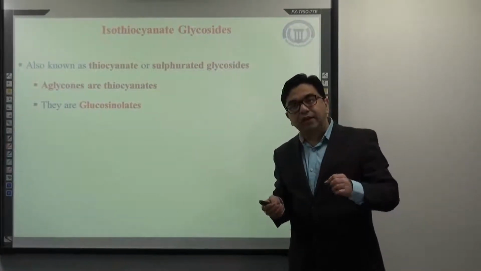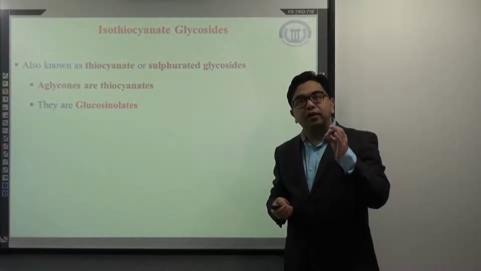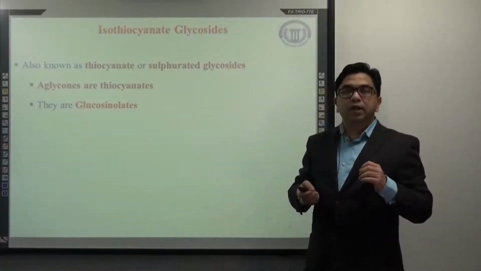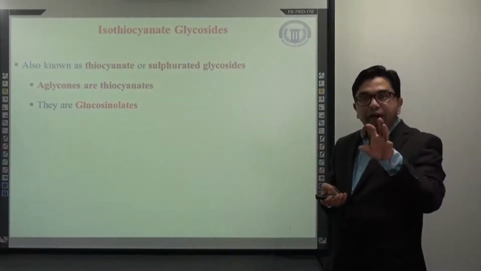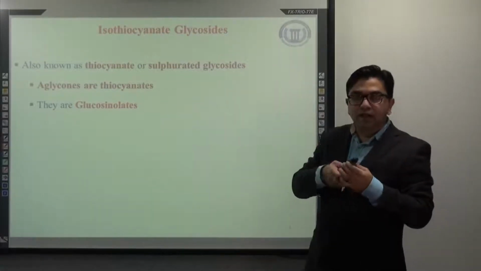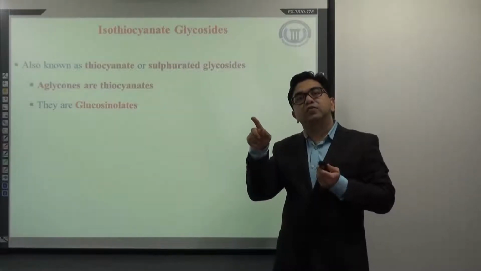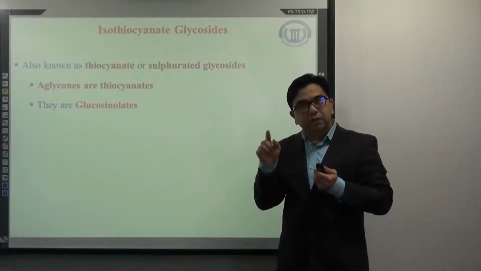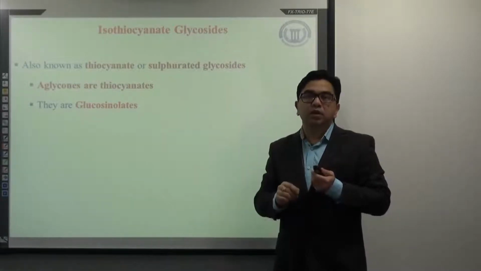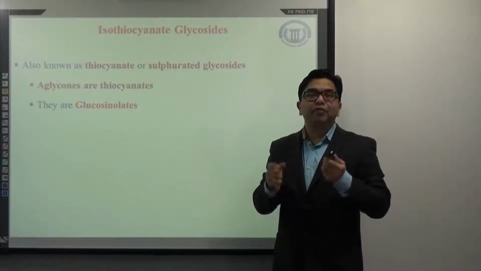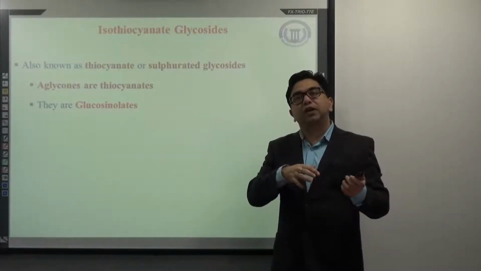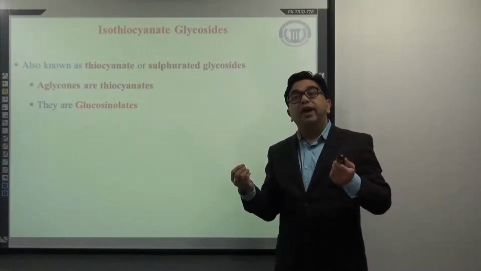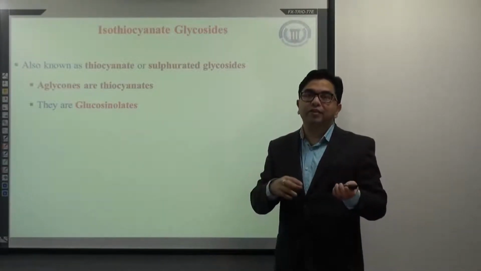In their structure, glucosinolates contain a central carbon atom which is attached to a sugar via a sulfur atom, whereas this central carbon atom is also attached to a sulfate group via a nitrogen atom. And this central carbon also contains an R group which can differ from one glucosinolate to another, and depending upon the R group, the activity of different glucosinolates differs from each other.